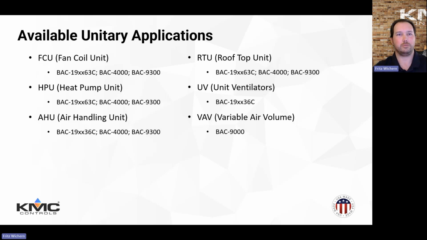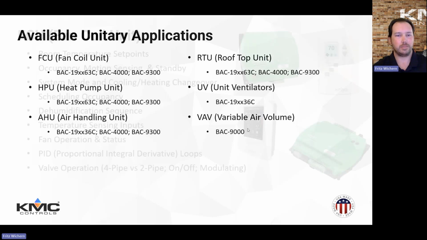We were actually talking to a rep about using one of the 9300 series controllers and using a different actuator rather than the built-in actuator of the 9000 series controller. That is an option as well, just using a standard 2 to 10 volt actuator to control your air damper. So, some details there.